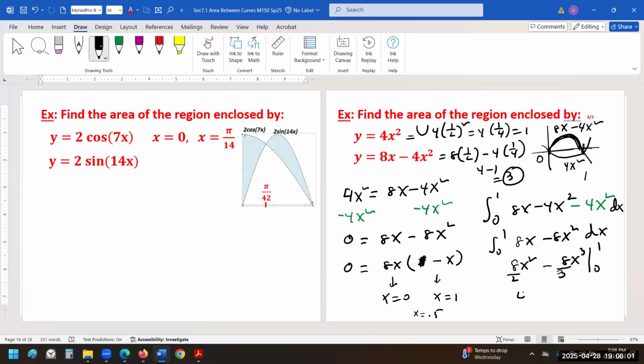For 1, this is 4 times 1, and this is 8/3 times 1. So we have 4 minus 8/3. 4 times 3 is 12. 12 minus 8 is 4. So we have 4/3 here. So the area between these two curves is 1 and 1/3. And all of you got 4/3, right?